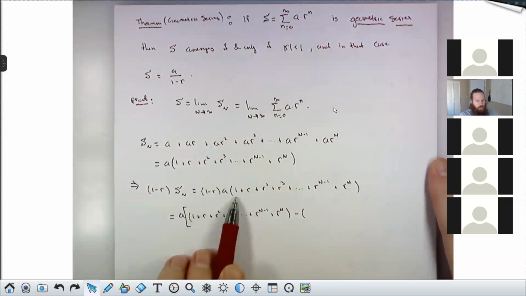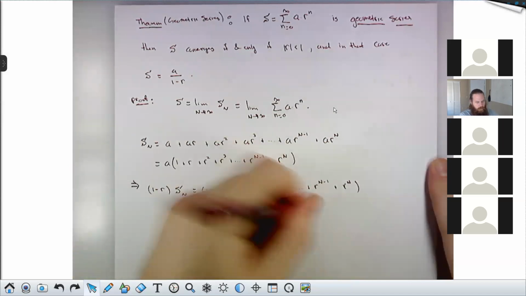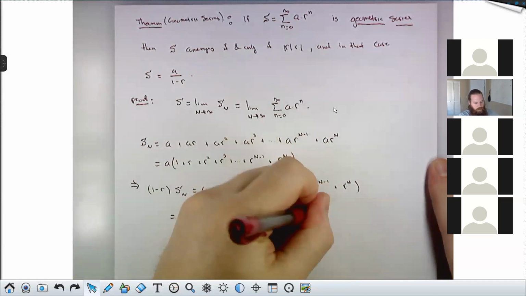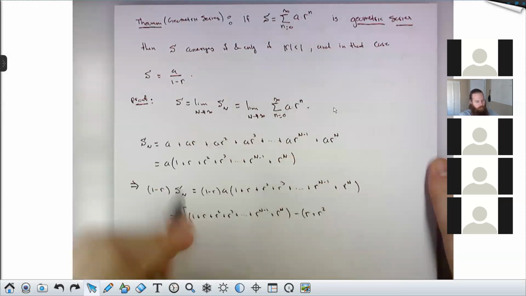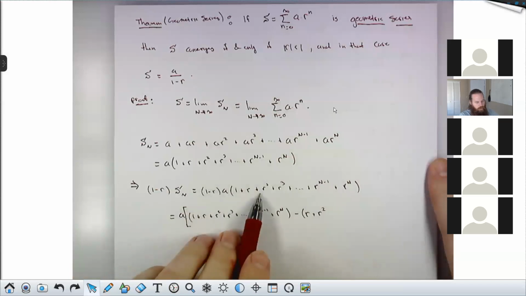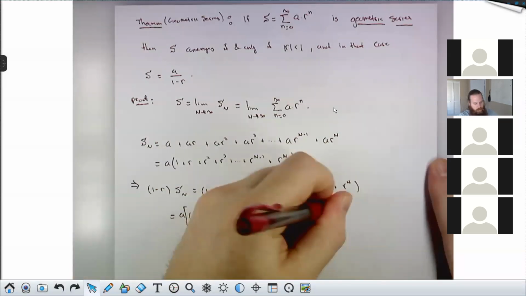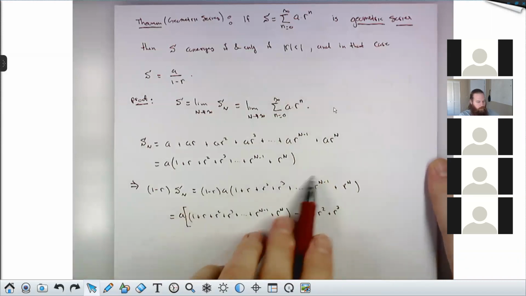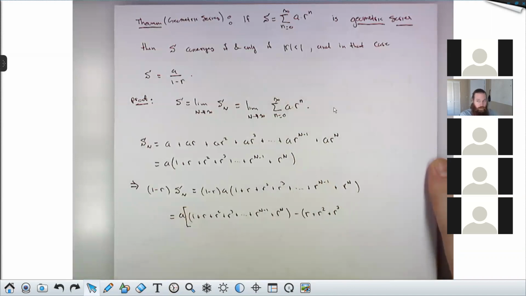So r times 1 is r. r times r is r squared. r times r squared is r cubed. In the next few terms, r all the way out here. Well, what's the last term before r to the N minus 1?